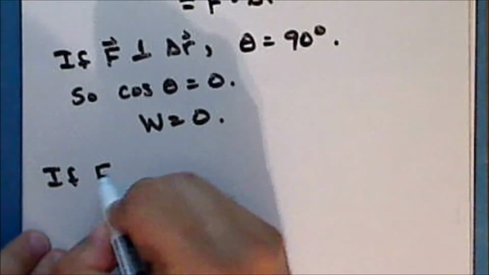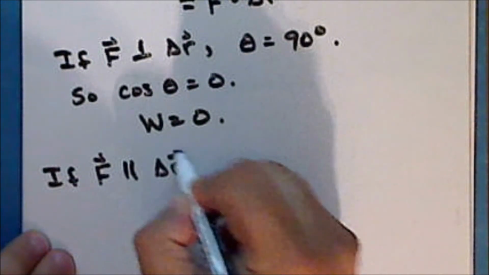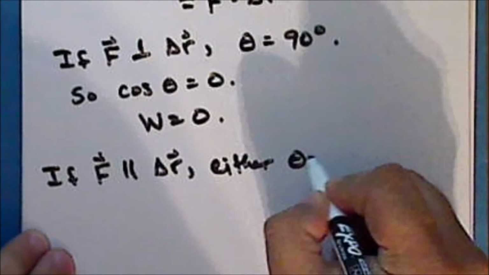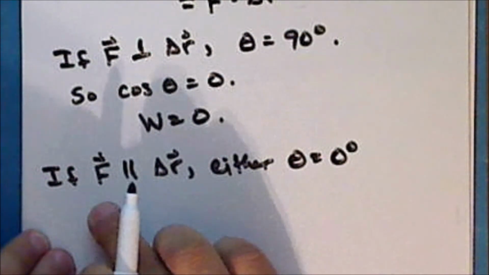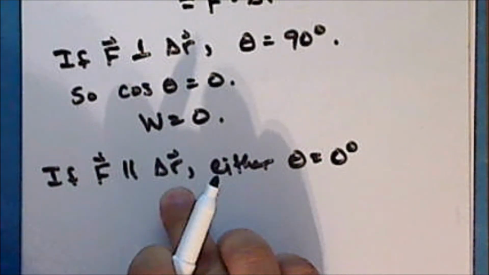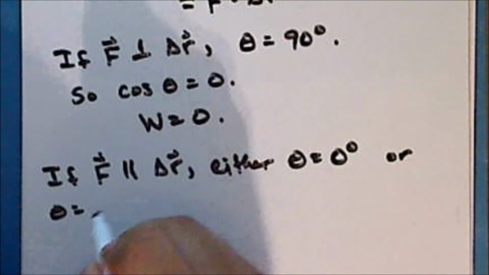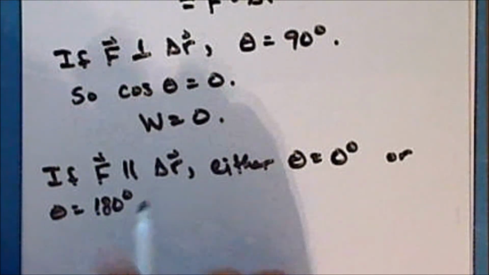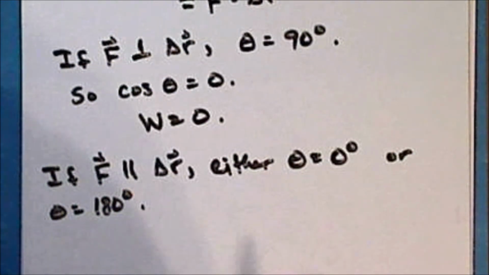Now, if the force vector is parallel to the displacement vector, then either the angle theta is 0 degrees, which means that the force vector is in the same direction as the displacement vector, or theta is 180 degrees, which means that the force vector is in the opposite direction as the displacement vector. So we have two subcases.